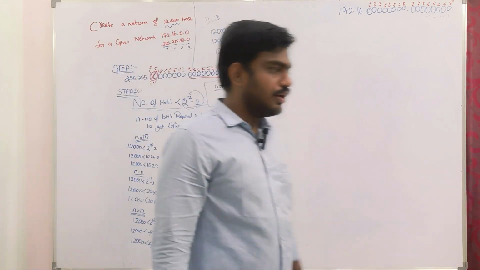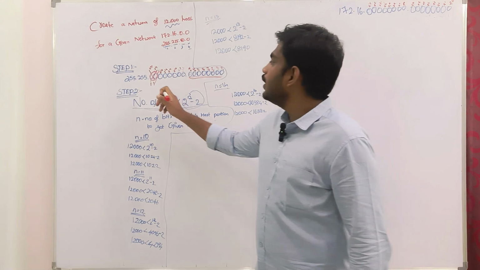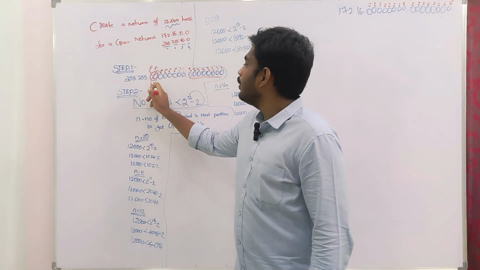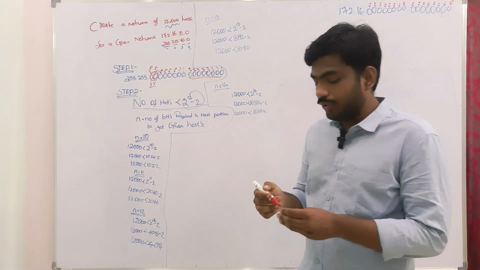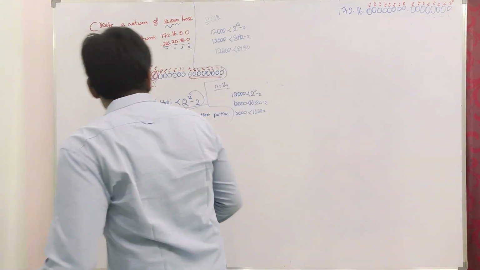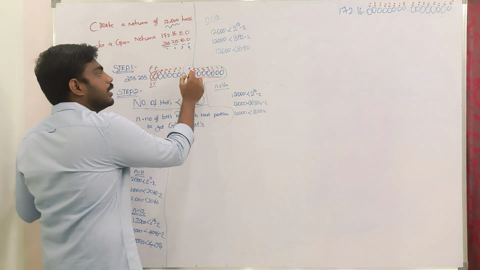What will be the result now? We multiply the corresponding bits with these powers of 2. Let me show you what happens if I write 2 power 8 continuously after the octet.